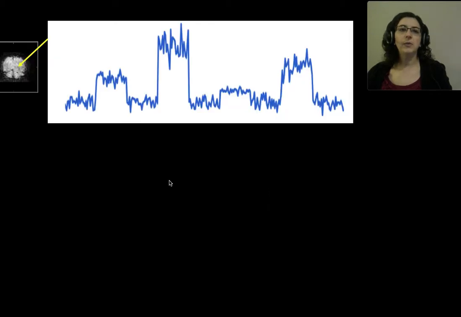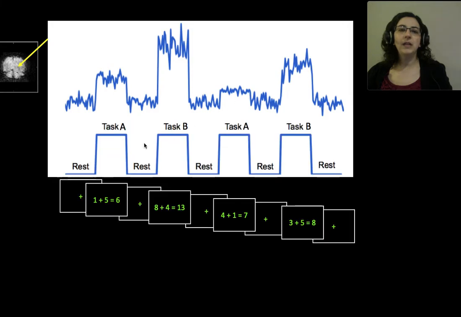And when we do it, we get these very blurry pictures, but we might get a signal that looks something like this. And we can know that when task A was on the screen, the easy task, we can find that there's smaller responses versus when task B, that harder arithmetic task, was on the screen, we had larger responses.